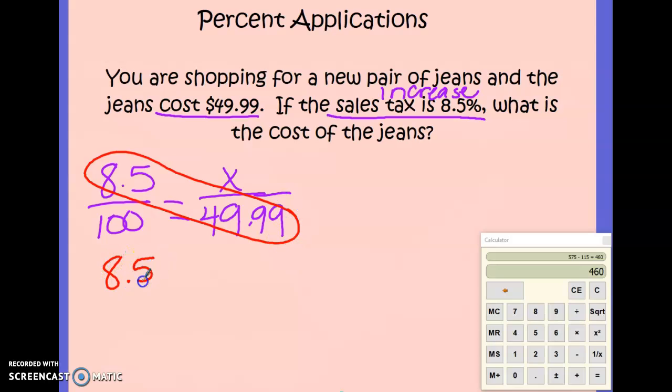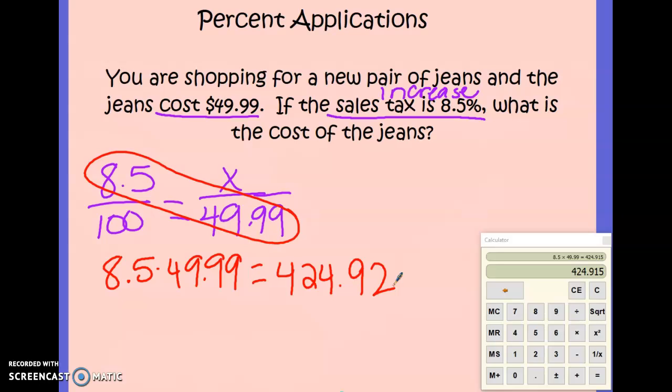8.5 times $49.99. And I get 424, because I'm going to round that 9.915, or 915 thousandths, to 92 hundredths.